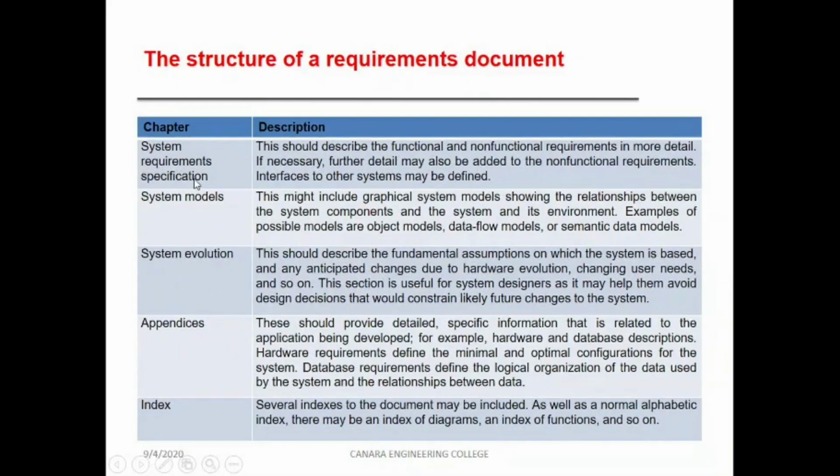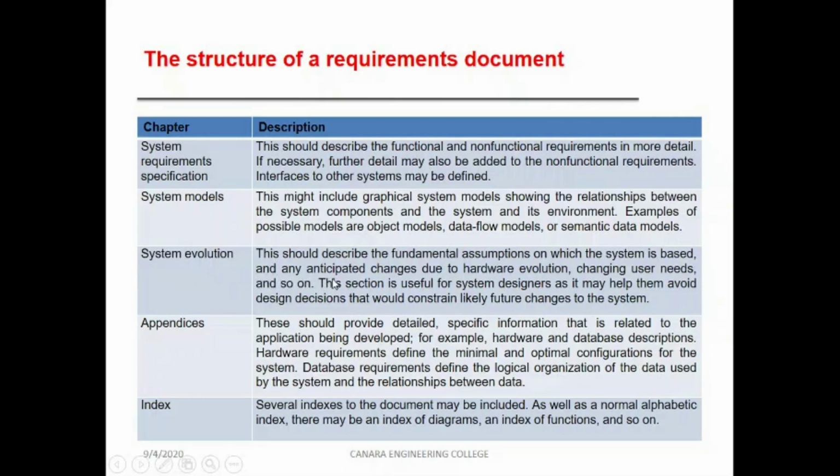System requirement specification: to design a product, the requirements of the system, that is, the functional and non-functional requirements, are given in the system requirement specification. After the functional and non-functional requirements, the next is the system models. Whether it is a waterfall model, an incremental model, or a spiral model is described in the system models. Next is system evolution.